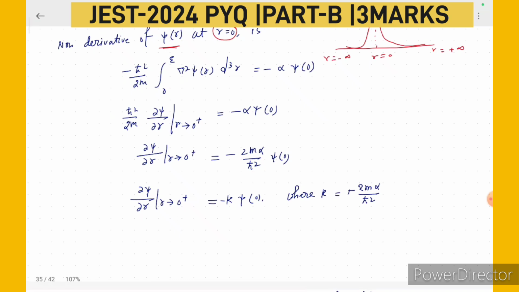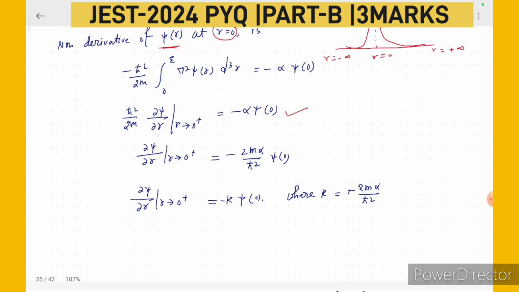Moving to the right-hand side, h cut square upon 2m del psi upon del r at 0 plus equals alpha psi of 0.